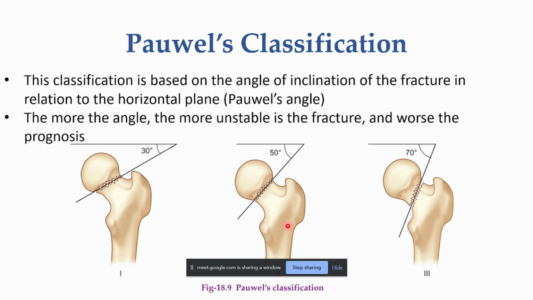In the second figure, type 2, the fracture is making a 50° angle with the horizontal. And in the third type, the fracture is making a 70° angle with the horizontal plane. So the more the angle, the more unstable the fracture is, and the worse the prognosis is.